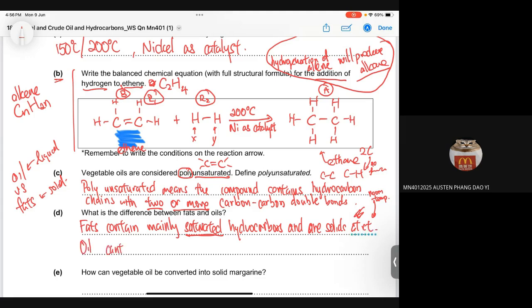Oil contains what? Can anyone help me? Kieran, your turn. If fats contain mainly saturated hydrocarbons and are solid at room temperature, what do you think oil will be, based on that train of thought?